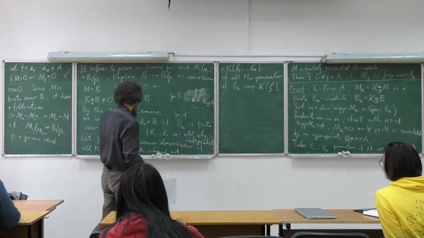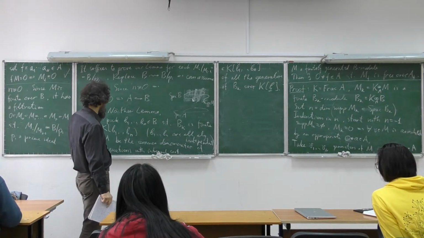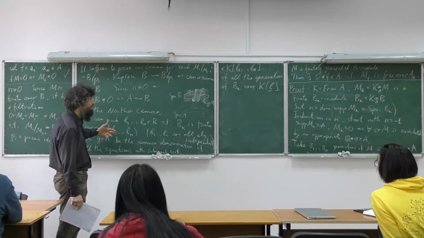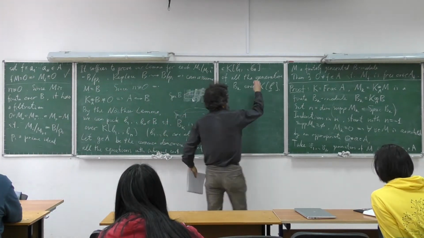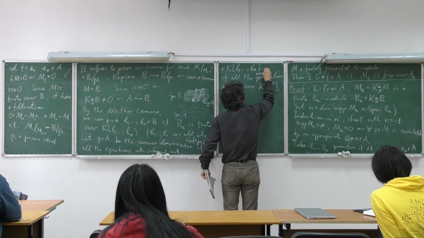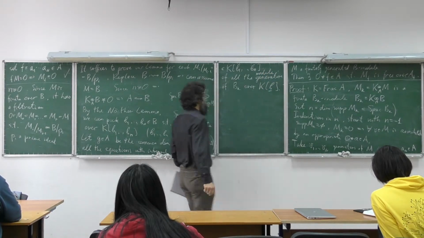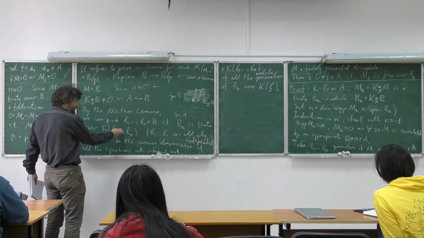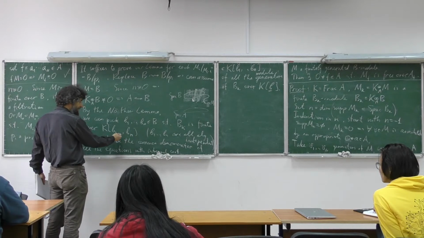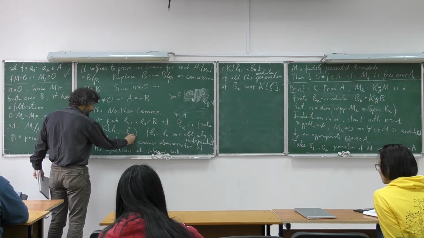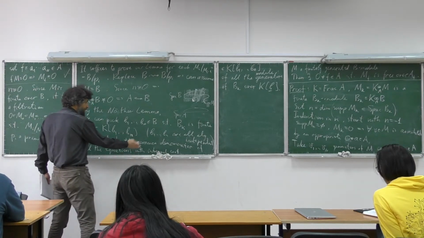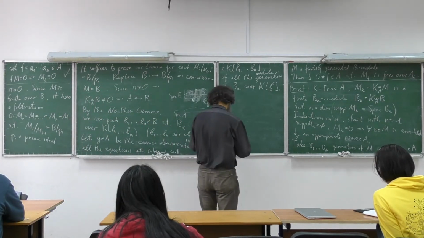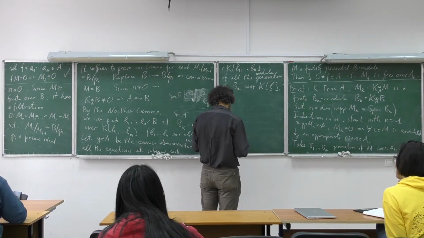Okay, so our assumption is that our module is finitely generated. It happens to be a ring also, but just in this sense. So there are equations for the generators. They are all integral, and let's take all these equations, all their denominators, and take the common denominator. Great. So we're almost done.